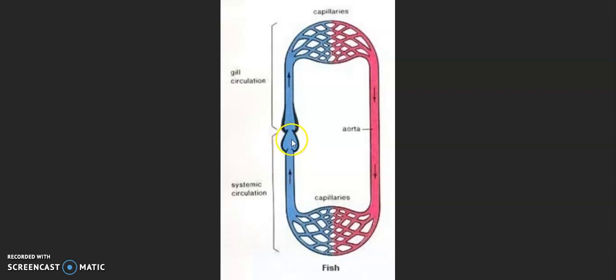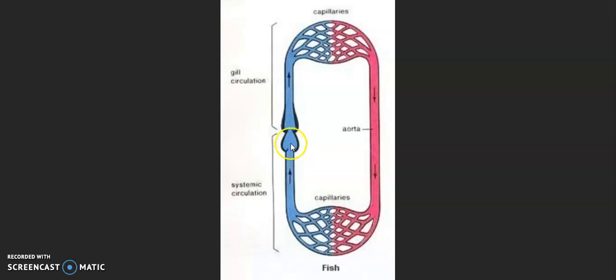And when the blood goes backwards, the famous backflow that you mentioned in the homework, the blood itself closes the valves. The blood itself closes the doors, so blood cannot return.